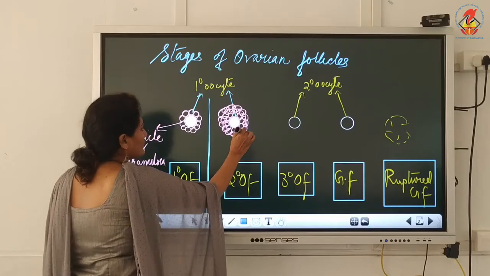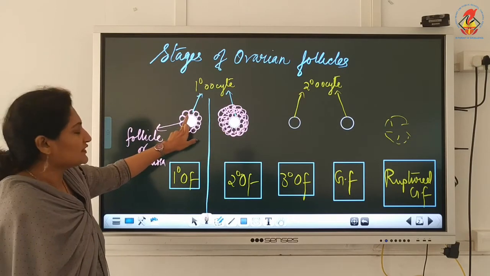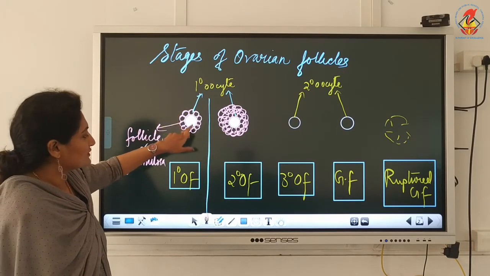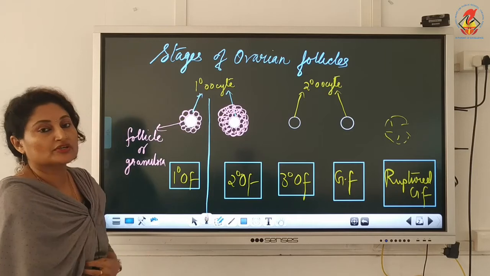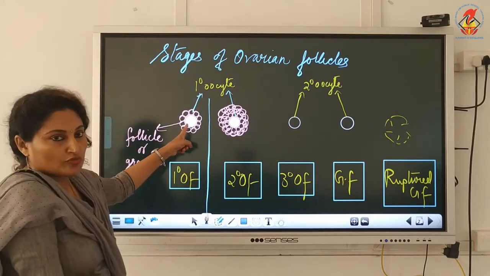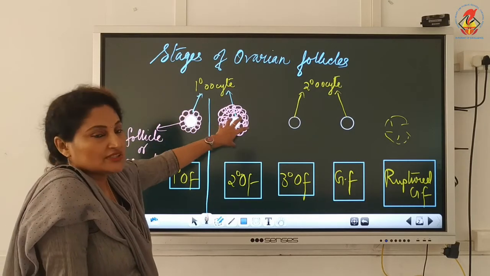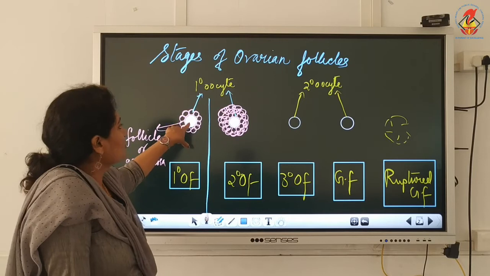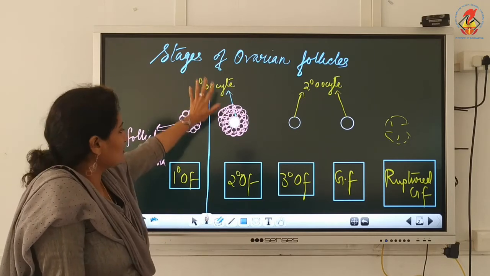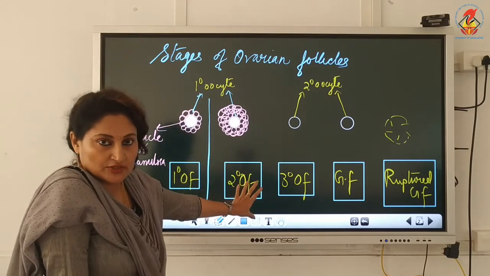So what's the difference between the first structure and the second structure? The difference is this: in the primary ovarian follicle, there's only one layer of granulosa cells or follicular cells. Here there are many layers. But the similarity of both these structures is that the oocyte is the primary oocyte. So you got a clear picture of the distinction between primary oocyte and secondary oocyte.